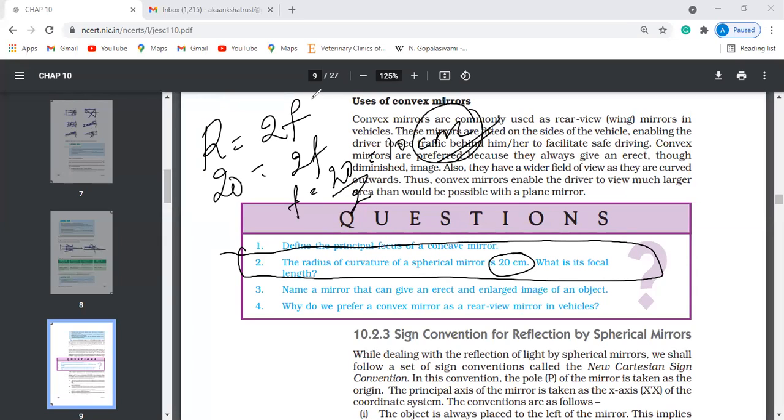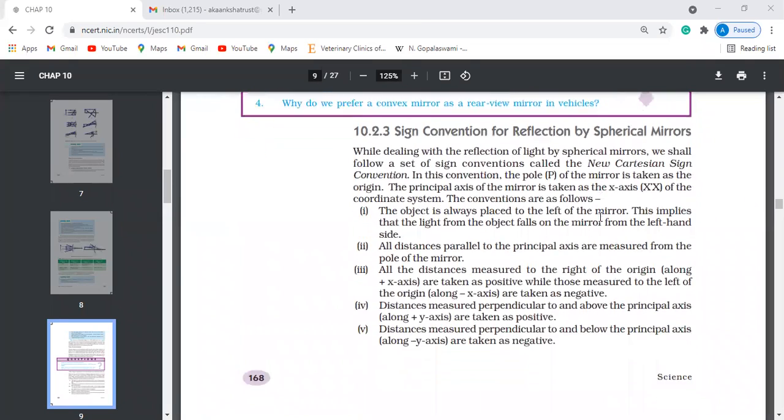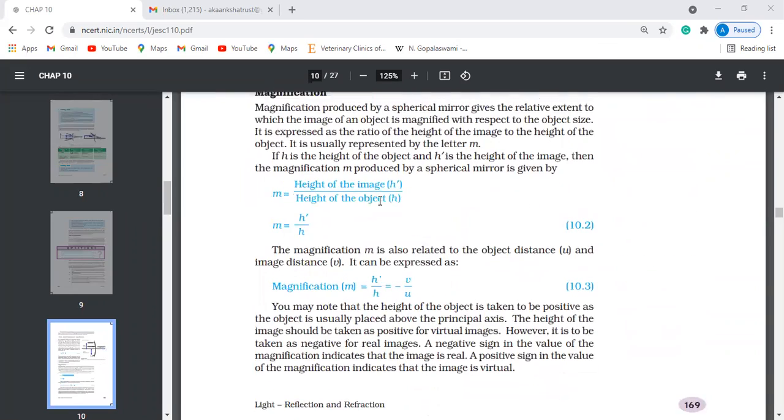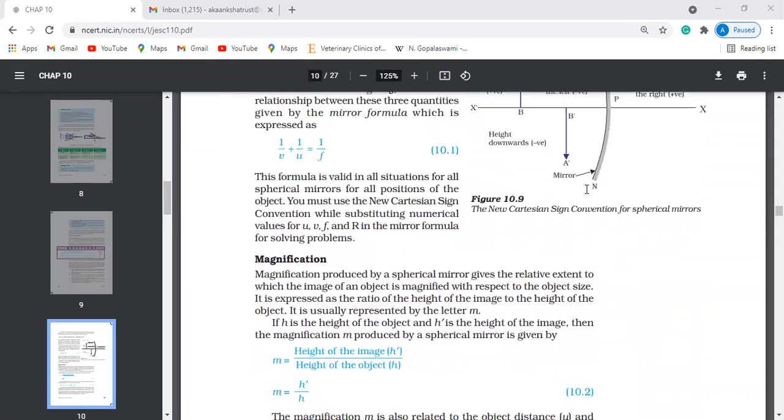Okay, fine. So shall we solve some of the problems? This all I have already done: sign convention, direction of incident light, everything. So let's solve some of the problems. Before solving the problems, you should remember two formulas.